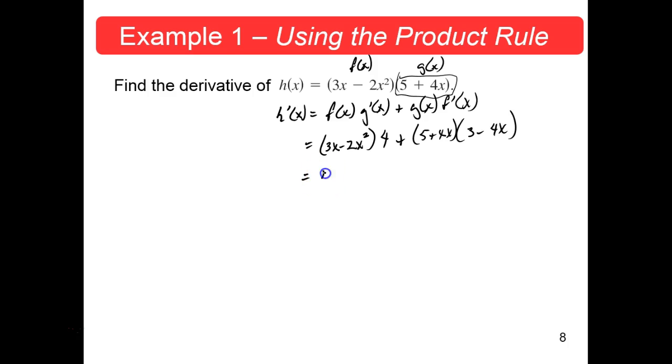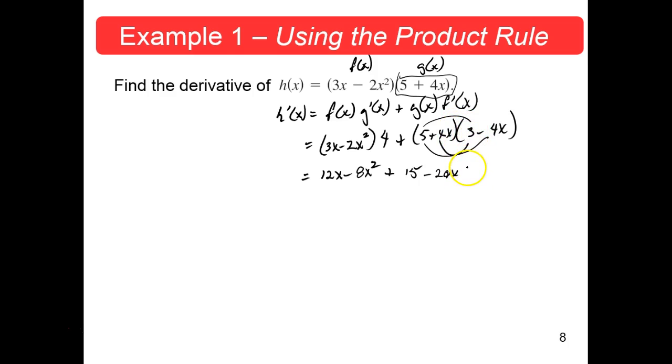A little louder. 12x minus 8x squared plus, now we got some foiling to do. 15 minus 20x plus 4x.